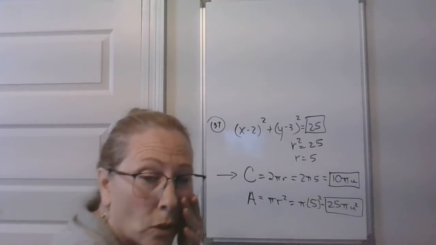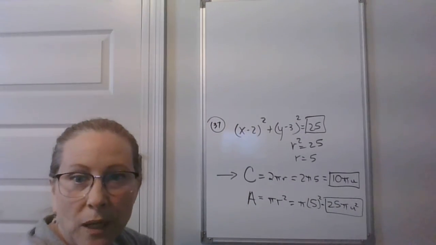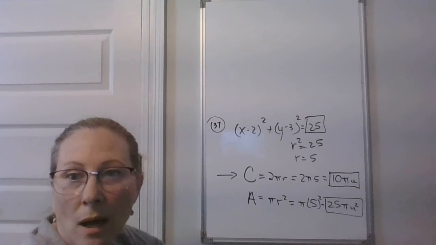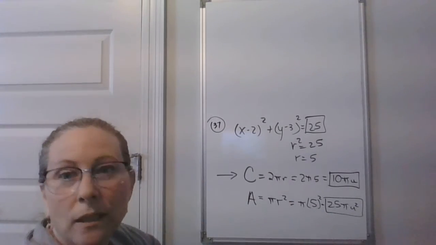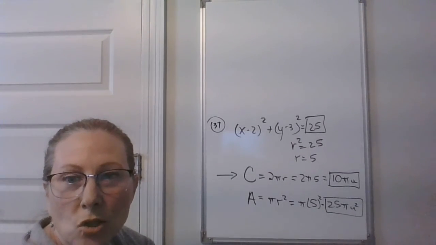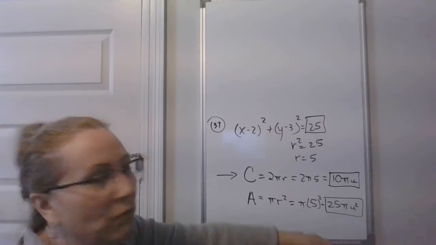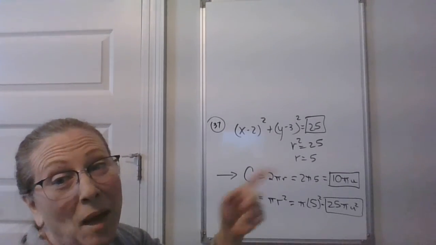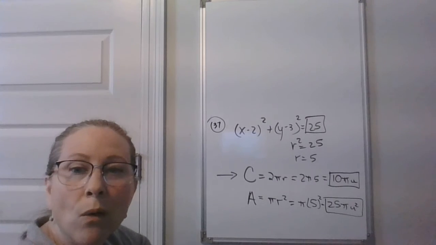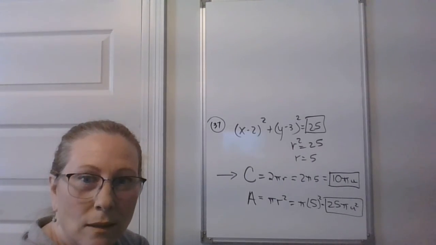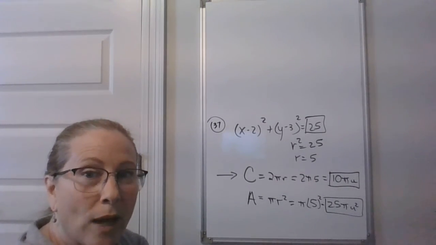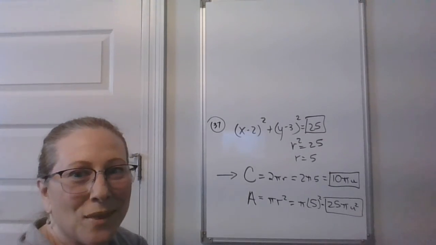And that would be the answer. So I made sure to put both because these two formulas are often mistakenly interchanged, and people will put 25 pi when they mean 10 pi or 10 pi when they mean 25 pi. So always reread the question and make sure you're using the correct one. Don't rush. It's not worth it.